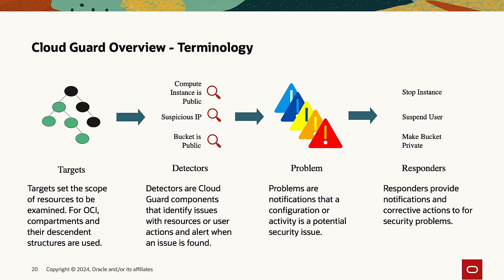The next terminology is detector, and a detector is a set of rules used to identify issues against a target. When it finds an issue, it surfaces that up as a problem, and the problem is basically the result of finding a potential security issue. And then we have responders, which notify and can act to correct the problem.